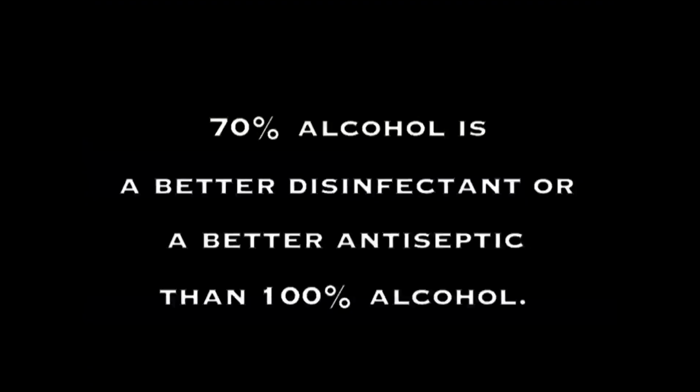For example, 70% alcohol is a better disinfectant or a better antiseptic as compared to 100% alcohol. Here we can see that decreasing the alcohol concentration by adding water has increased the effectiveness of alcohol's killing efficiency.